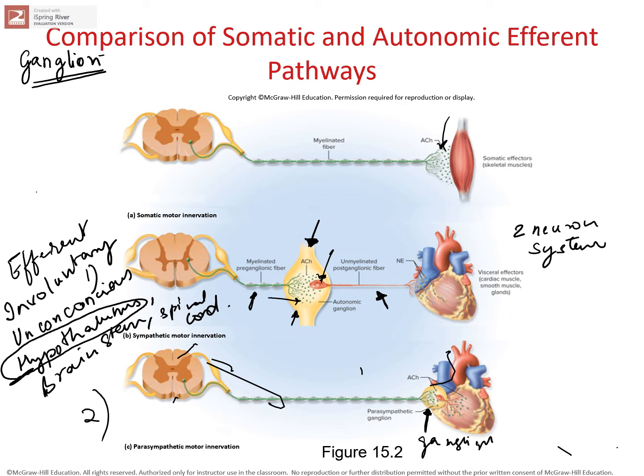So there are two types of fibers. You have the preganglionic fiber, and then you have the postganglionic fiber. The first fiber from the central nervous system to the ganglion is called the preganglionic fiber, and the second neuron from the ganglion to the effector is called the postganglionic fiber.